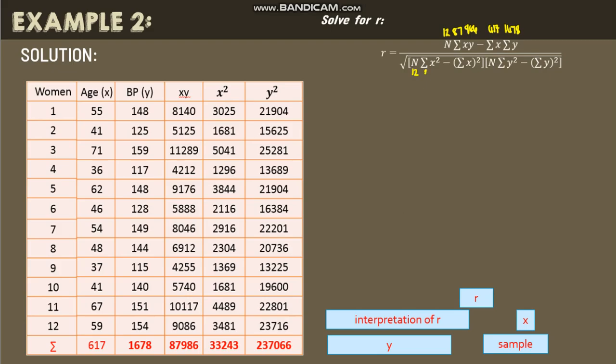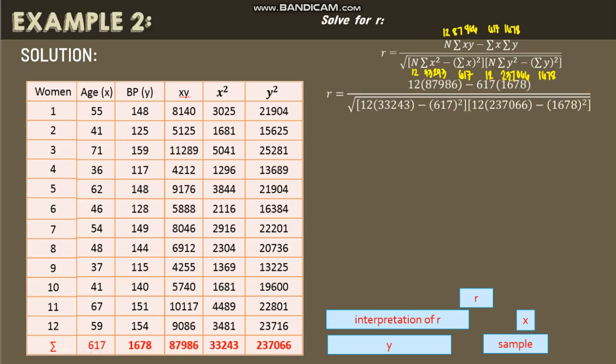Summation ng X squared is 33,243. Summation ng X is 617. N is 12. Y squared is 237,066. And for the summation ng Y, we have 1,678 and then squared. So, substitute lang po natin yan sa formula. Ito po yung itsura niyan.